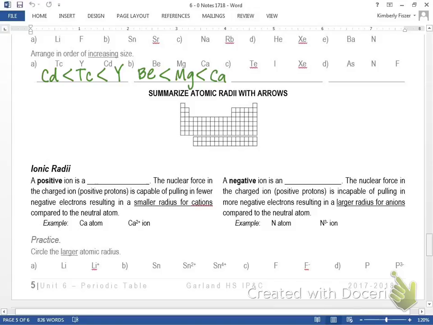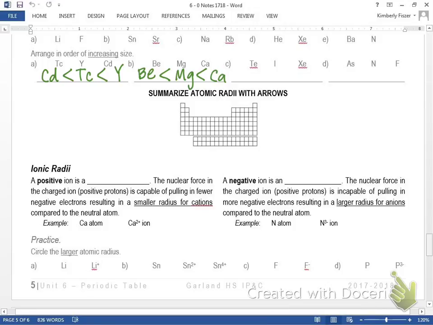Here we go. Let's go through them. We got TE, I, and XE. Find those three. Are they side to side or up and down? They're side to side. So I need to find the small side to start out with. Who's the small side? The left side or the right side?